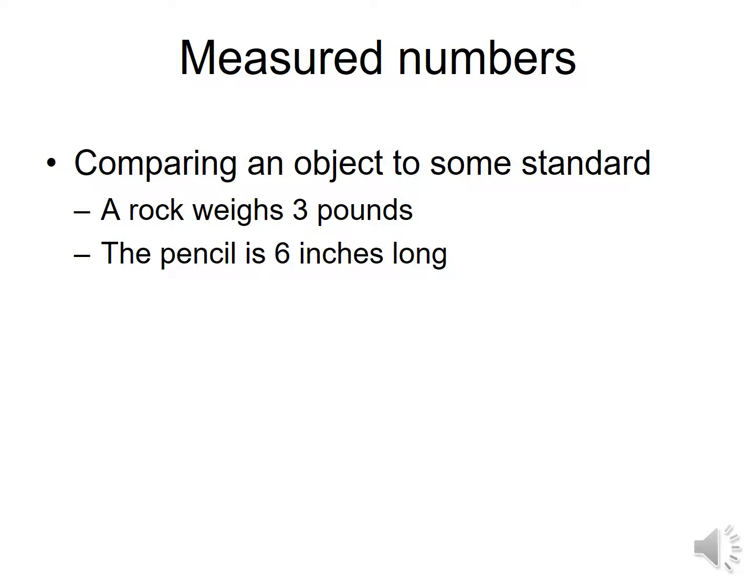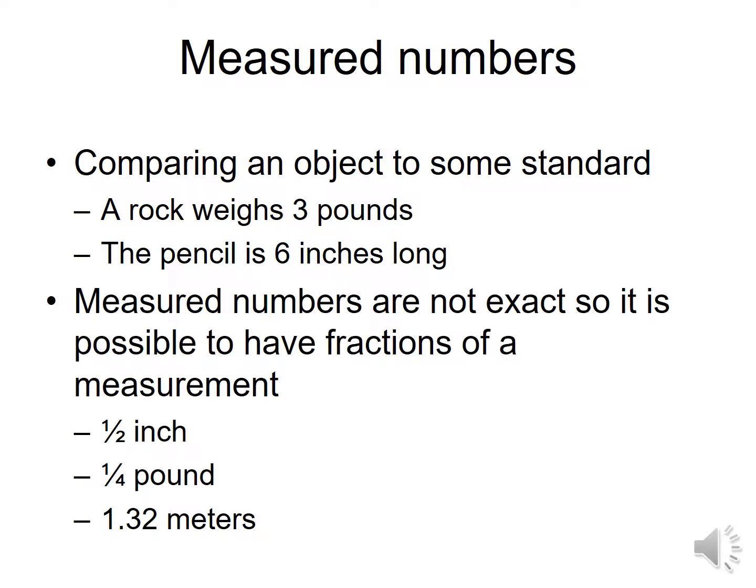When you measure, you're going to be comparing the object to some standard, and it's not going to be a perfect relationship. You may say a rock weighs 3 pounds, but it doesn't weigh exactly 3 pounds. It's got a little more, a little less than 3 pounds. The pencil may be 6 inches long, but is it exactly 6 inches long? Is there some fraction of an inch that it is shorter than 6 or greater than 6 inches long? Measured numbers aren't exact, so you need some fractions. Maybe it's 6.5 inches for the pencil.